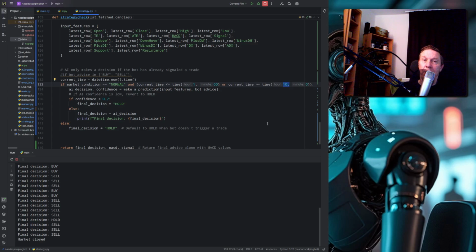And so I changed the time between 1 a.m. and 10 a.m. to no trading, just gathering information. Of course, it needs to calculate the MACD value, so it needs to have that information, but there is no trading during those hours. That was all that I did in the code, and now we're testing this week how the results will be.